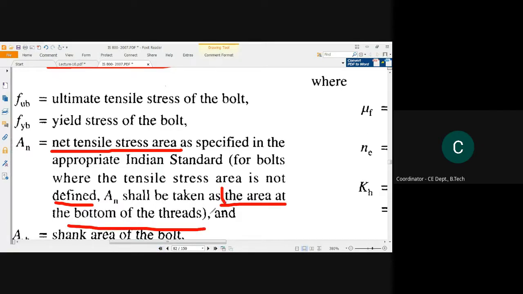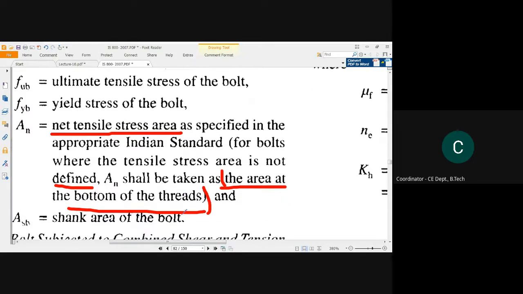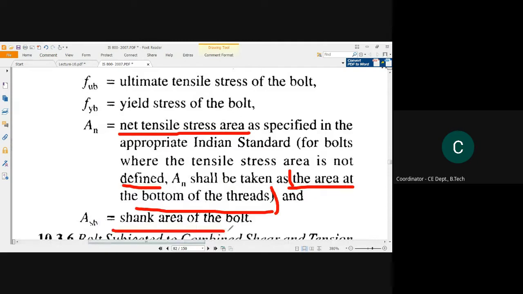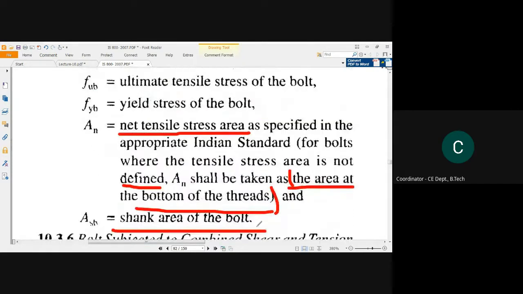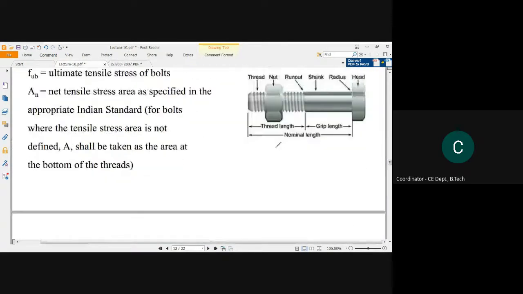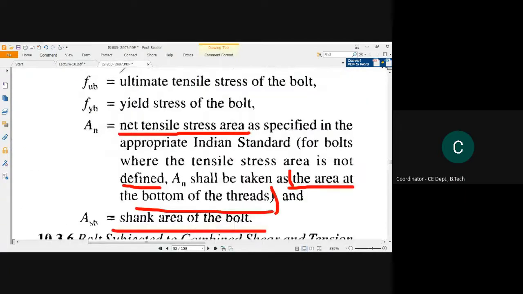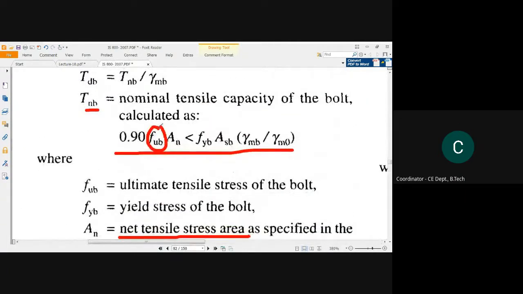Okay. So it has specified the area at the bottom of the threads, and ASB will be the shank area. Here AN we will take in the case where we are considering the thread part area. See, we are reducing to 90% of the bolt's ultimate tensile strength. So that must be less than the yield stress of bolt into ASB.